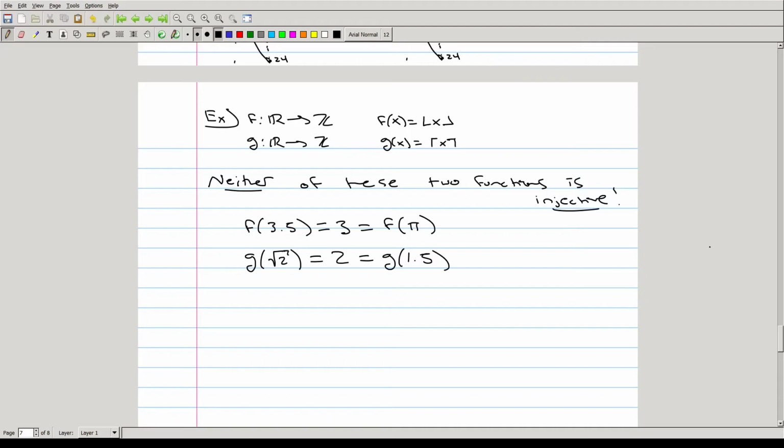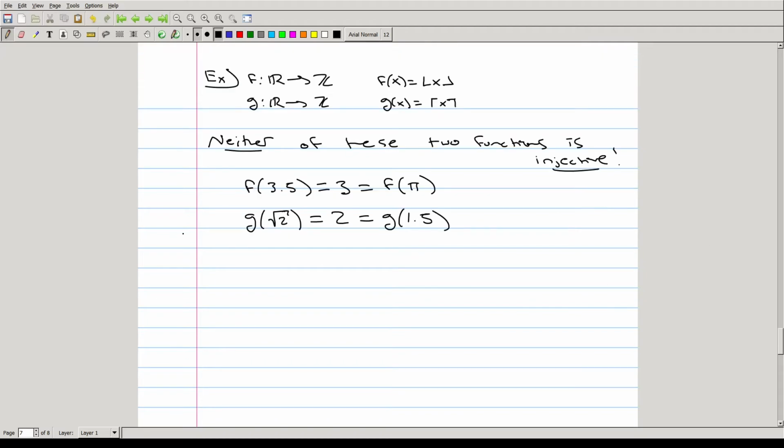Now, an important point to make here is that if we restrict the domain, again, so I consider a new function h that maps the integers to the integers, such that h of x is equal to either the floor function or the ceiling function, this function is injective.